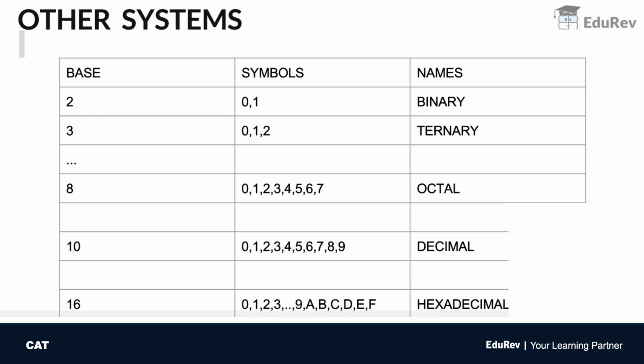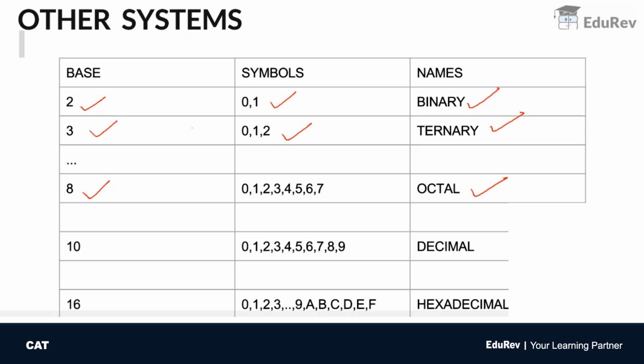Now, like I told you, apart from the decimal system, there are other bases, other symbols and other systems as well. When your base is 2, you are using only 2 symbols 0 and 1. It is called a binary system. When it is 3, we use 3 symbols 0, 1 and 2. It is called a ternary system. When your base is 8, you use 0 to 7, it is called an octal system.